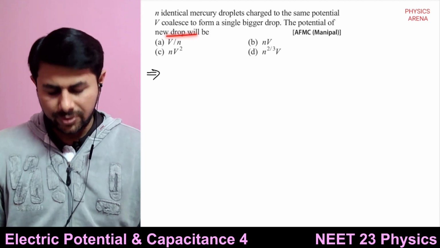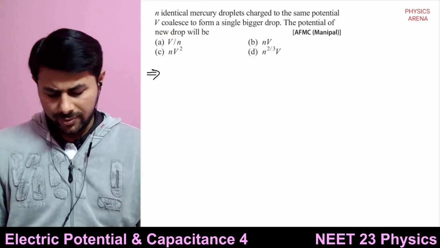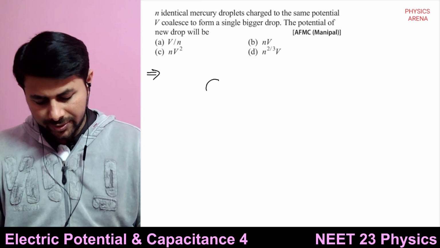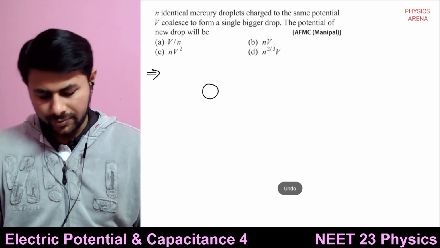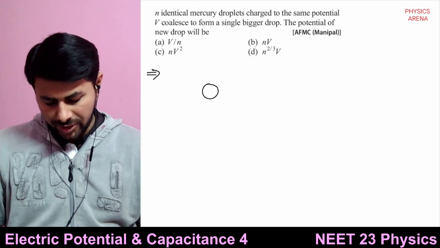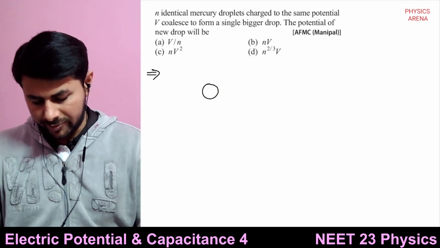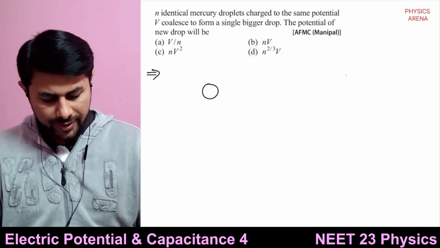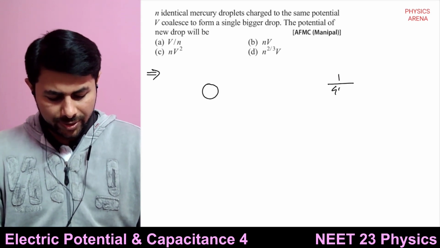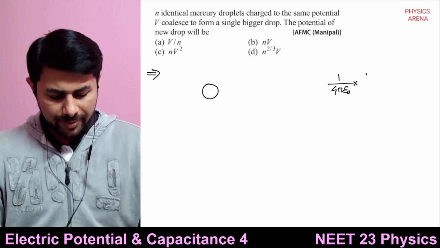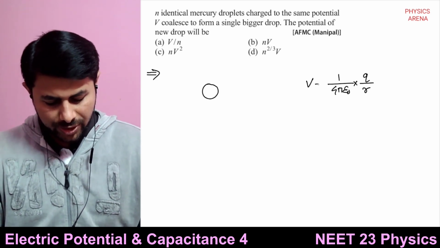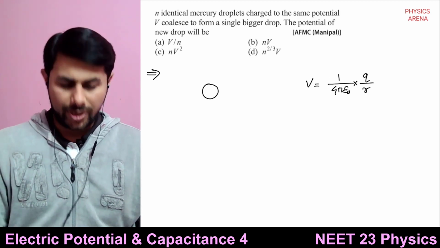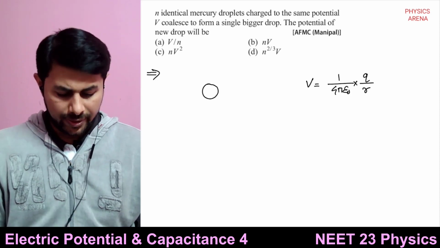So what will happen here? Potential due to one small droplet is 1 upon 4 pi epsilon naught multiplied by q upon small r.